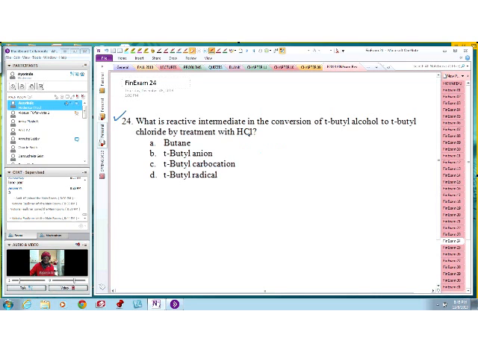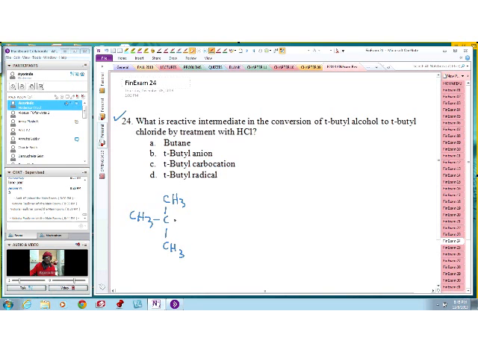Anytime you have hydrochloric acid and an alcohol reacting, you are going to form generally a carbocation, particularly if you are starting with a tertiary alcohol. So let us look at tertiary butyl alcohol. We need to know the mechanism of this reaction to answer this question.